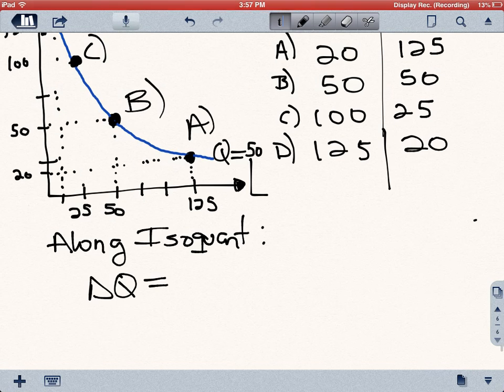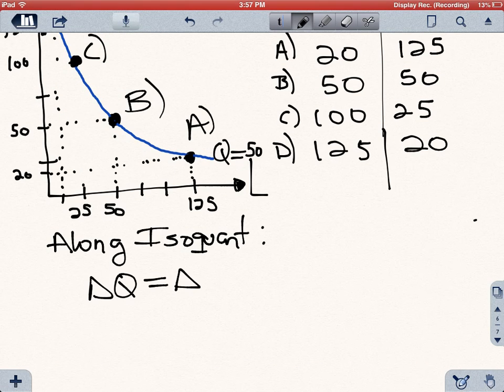So your change in capital is going to be the increase in capital times the amount of output that you get every time you increase your capital by 1. And that we know we call the marginal productivity, in this case of capital. And that's going to be negative since we are actually losing capital if we're moving from A to B. But we are actually gaining labor, so we have to add that to our output.